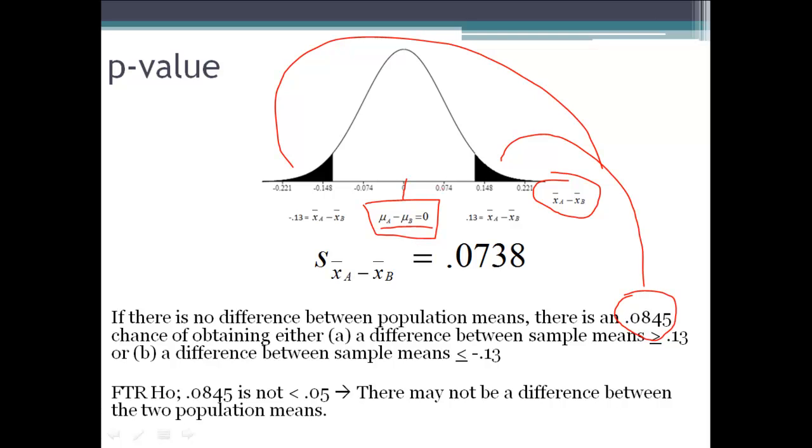That's the center of the distribution. And I have the standard error here. I'm just going to give you that. It's 0.0738, and you can see then that that's one standard error, two standard errors, and we're not quite two standard errors away in this particular problem.